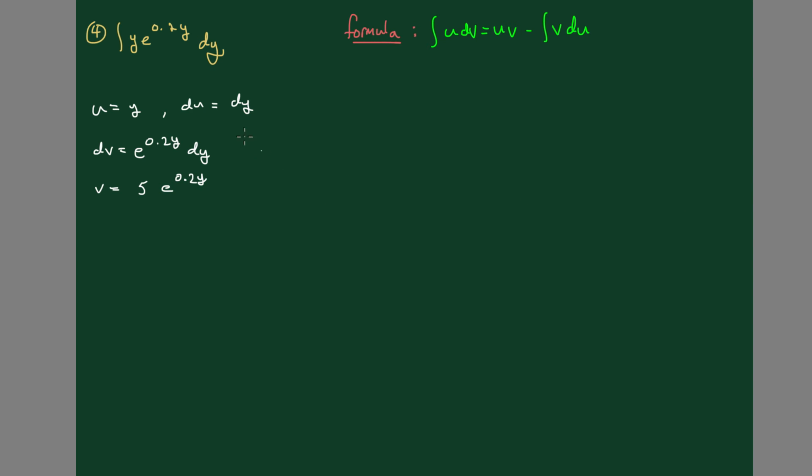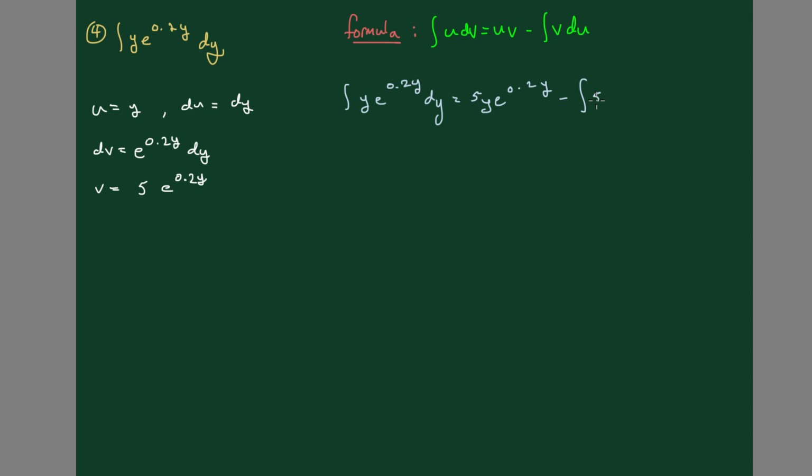So if we plug these values into our formula, we're going to find that the integral of y times e to the 0.2y dy is equal to u times v. U is just y. V is 5 e to the 0.2y. So u times v is 5y e to the 0.2y, and minus the integral of v du.